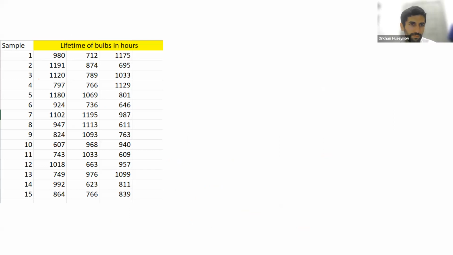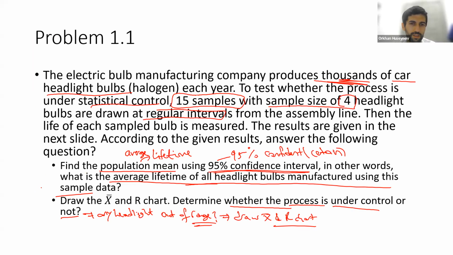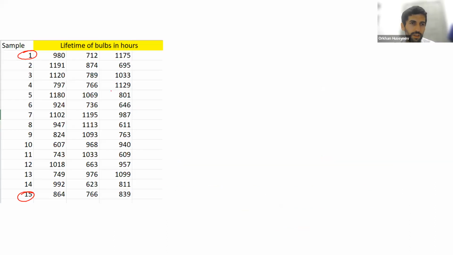So these are the samples. We have sample 1 up to sample 15. As the question says, we have 15 samples, and then each sample contains 3 light bulbs. So we have sample 1, sample 2, up to sample 15.